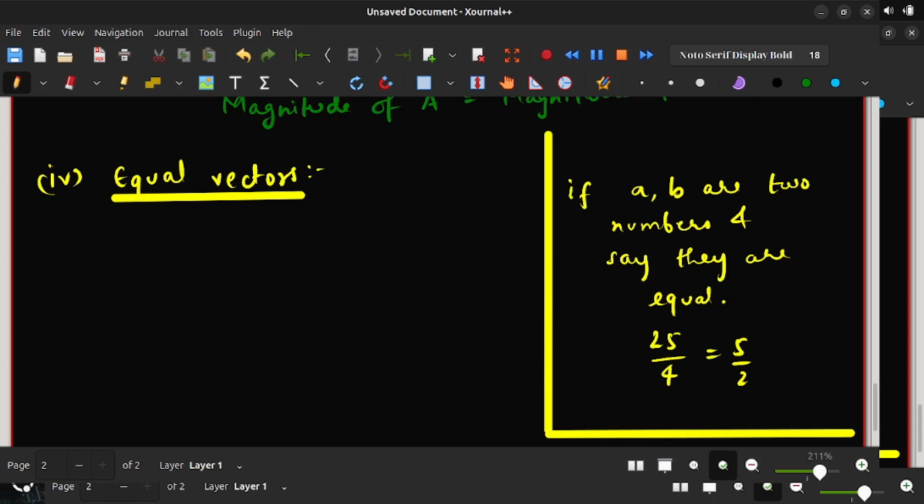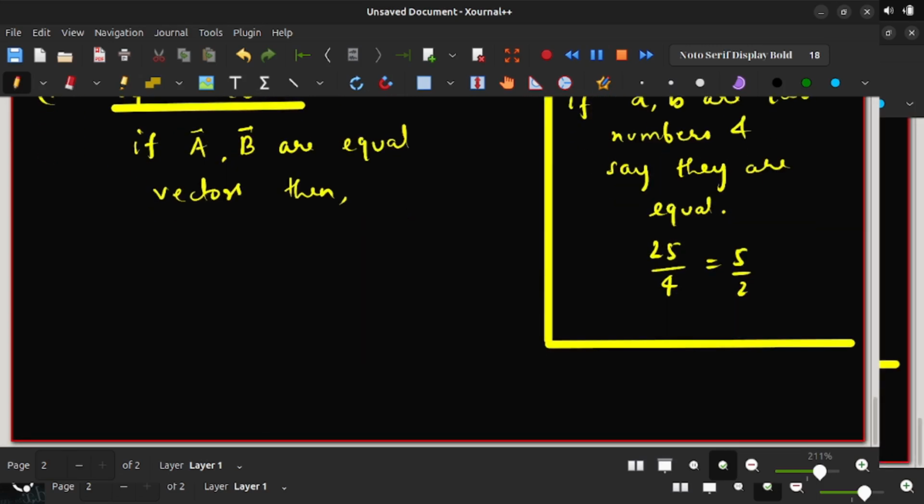But what about vectors? If A vector and B vector are called equal vectors, then what happens? Then they should have the same direction as well as the same magnitude.